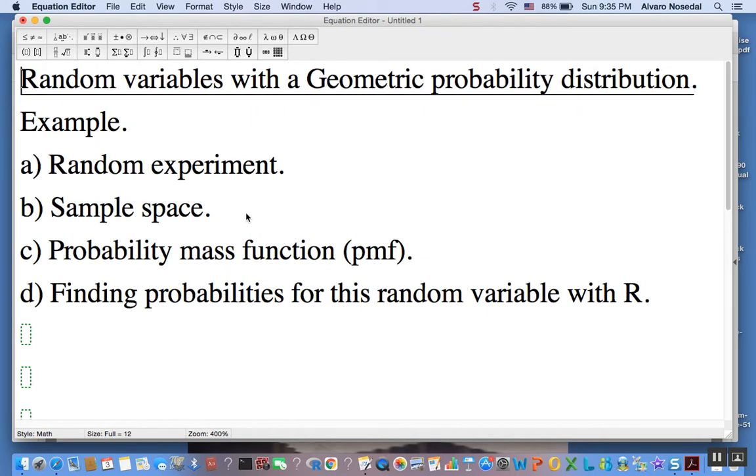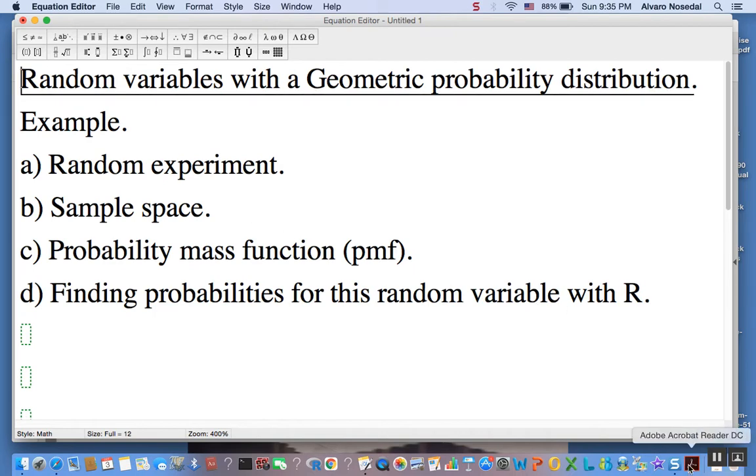We're going to derive the probability mass function for that particular example, and then we're going to use R to find probabilities that could be of interest when dealing with a geometric probability distribution. Okay, let's begin.